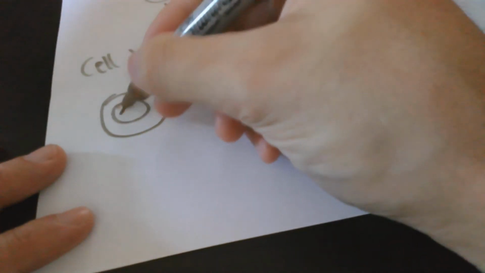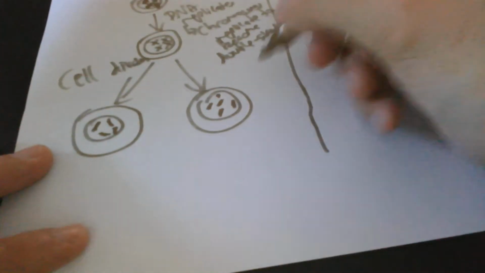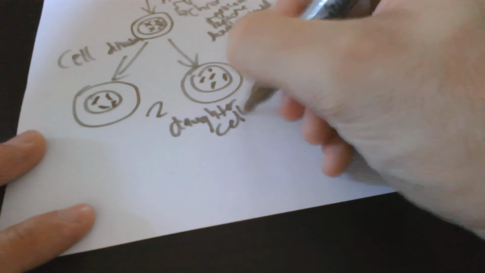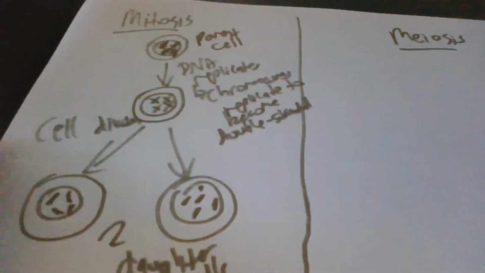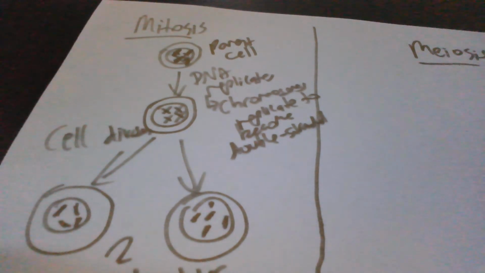What does that mean? You get two new cells, okay, with single-stranded chromosomes in the nucleus. So you get two daughter cells. I don't know why they call them daughter cells. Think of them as offspring cells. Okay, so that's mitosis. One parent replicates, you get two daughter cells.